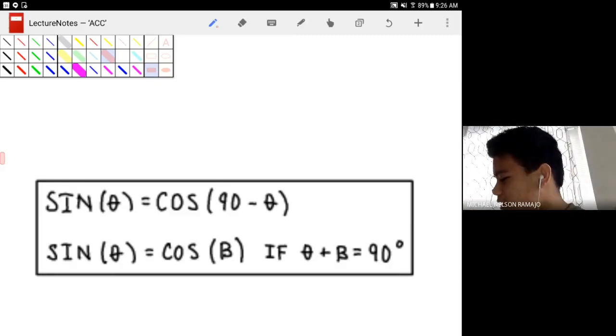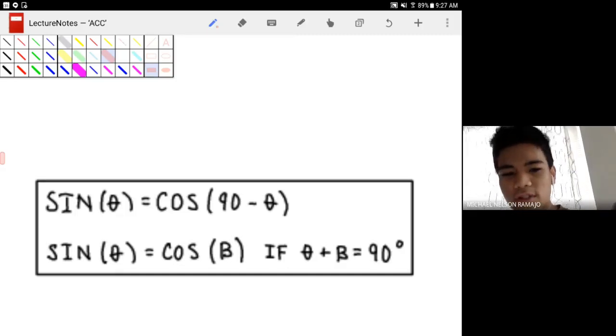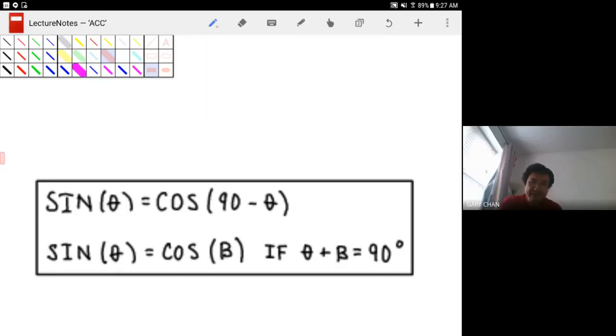Wait for me, I'm just copying it. Is it for the triangle we just did a while ago? This is actually true for any right triangle that you ever create.